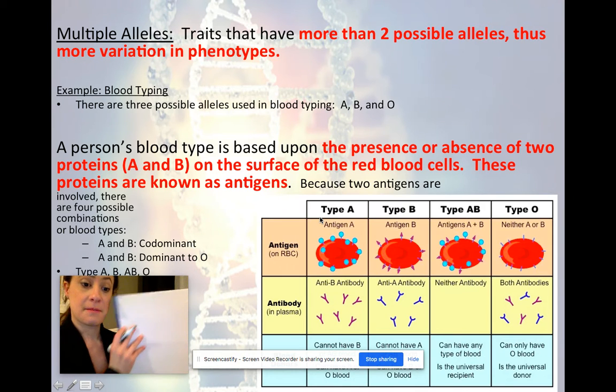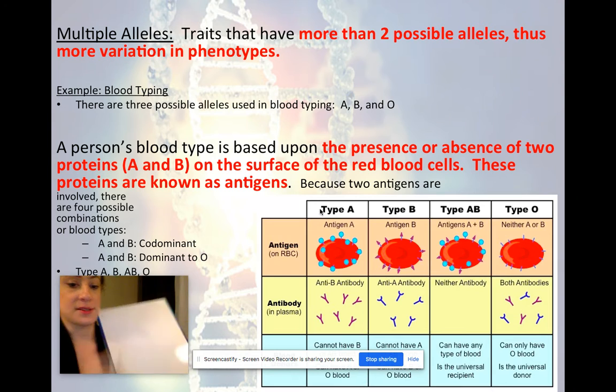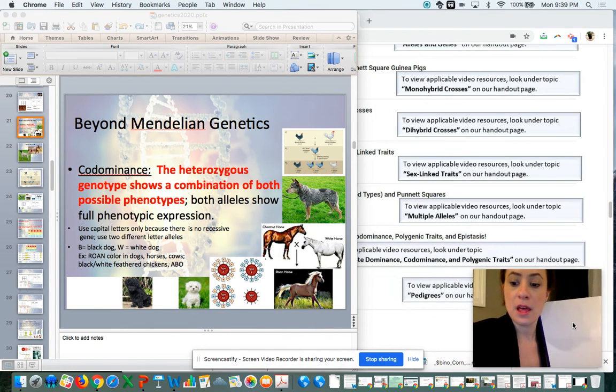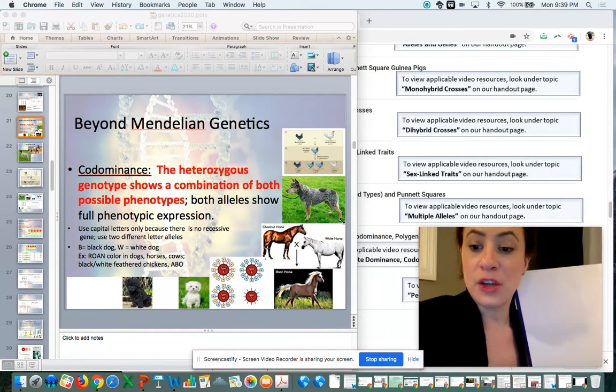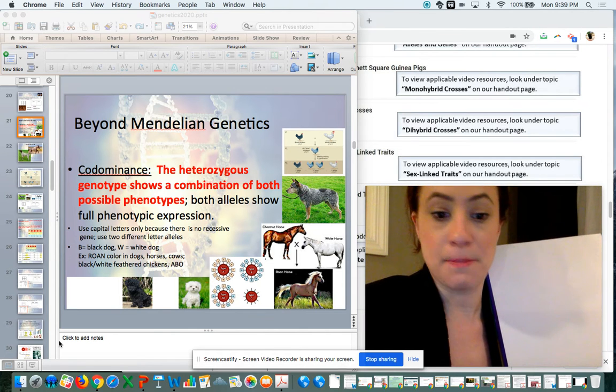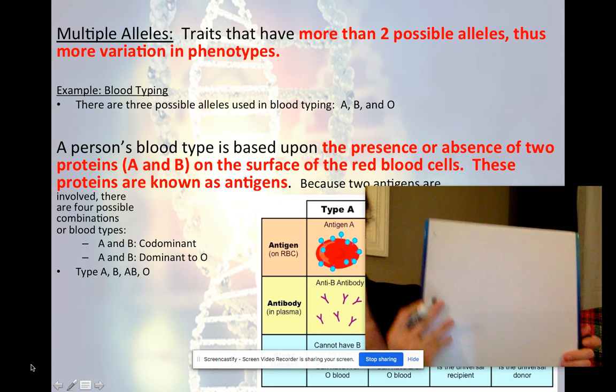So there's basically three alleles associated with blood type. So again, A blood has the A protein, B blood has the B protein, AB blood has both proteins, and O blood has neither. So your blood type is dependent upon which combination of alleles you have.